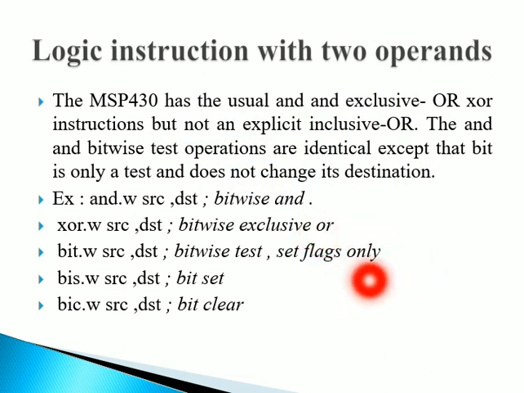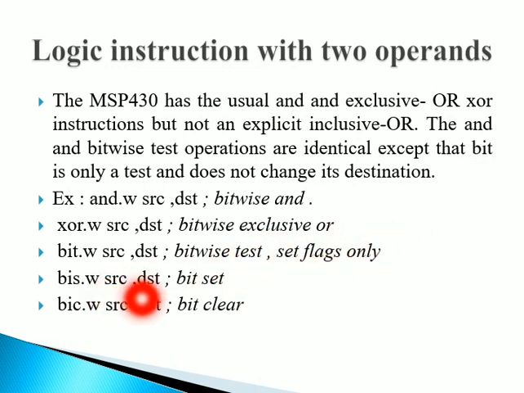The bitwise test operations are identical, but the bits are only tested and the destination is not changed. For example, and.w source, destination means you are doing a bitwise logical AND operation, and the truth table is the same as usual. xor.w source, destination means a bitwise exclusive OR operation. bit.w source, destination means a bitwise test, and accordingly the flags will be set.